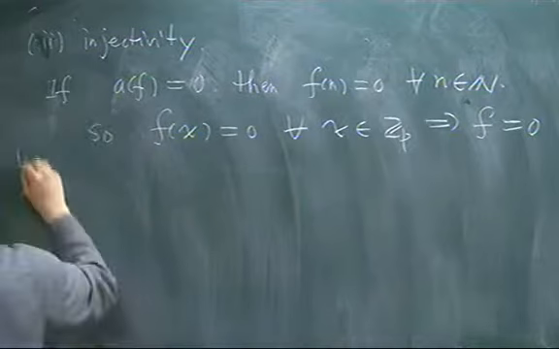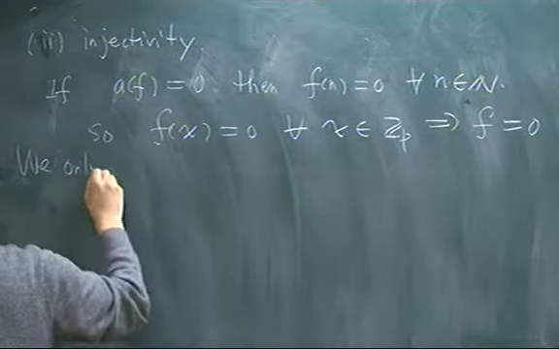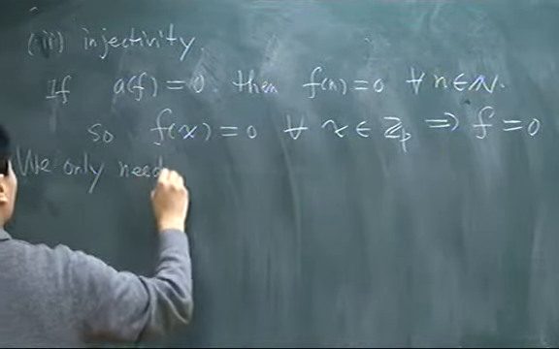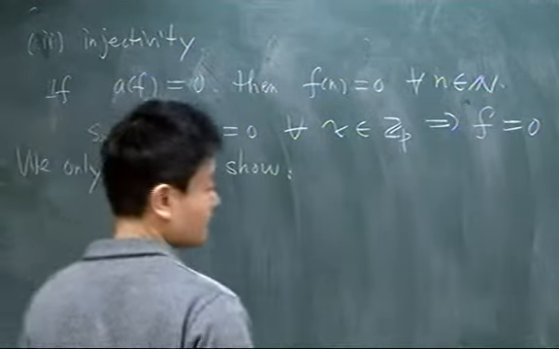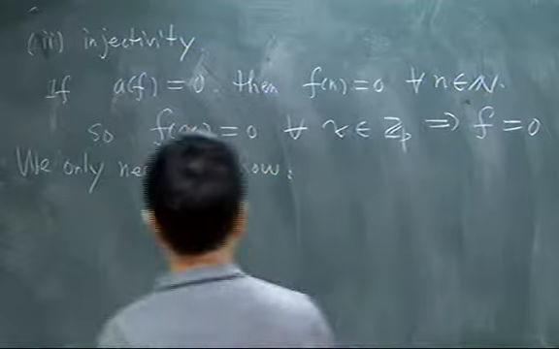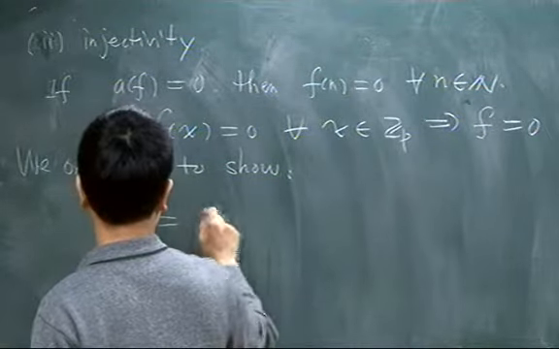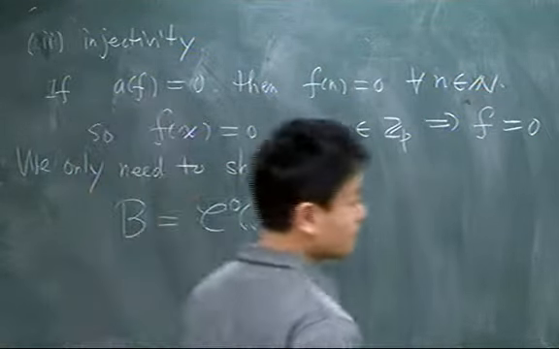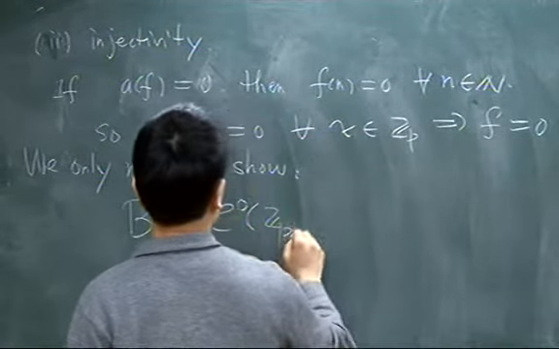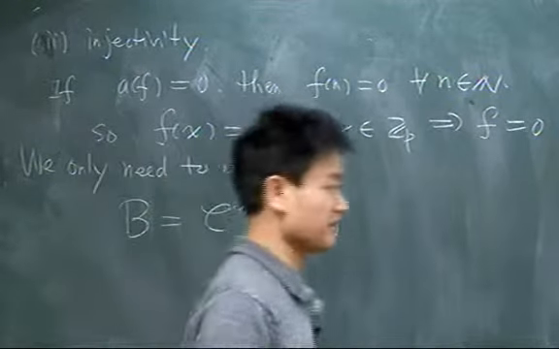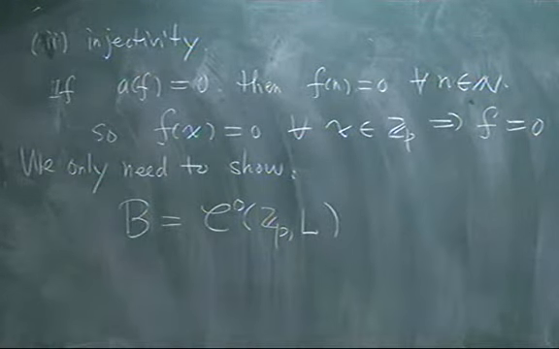So we only need to show that B is C0(Zp, L), which just means B actually covers everything.